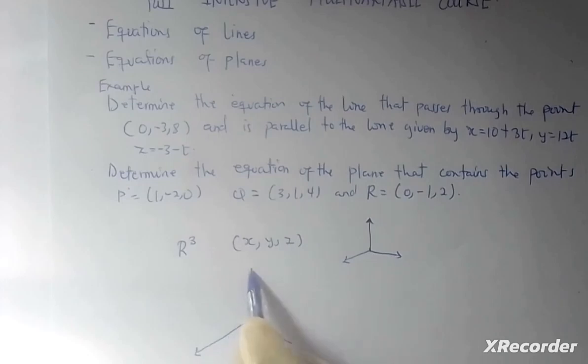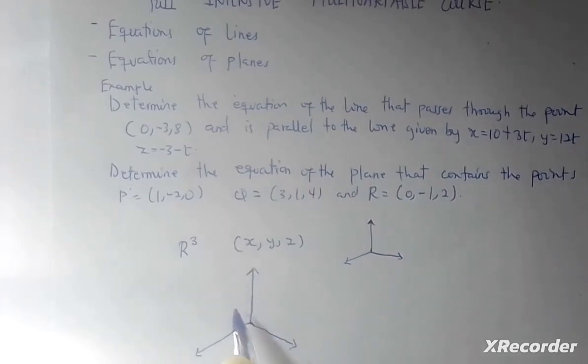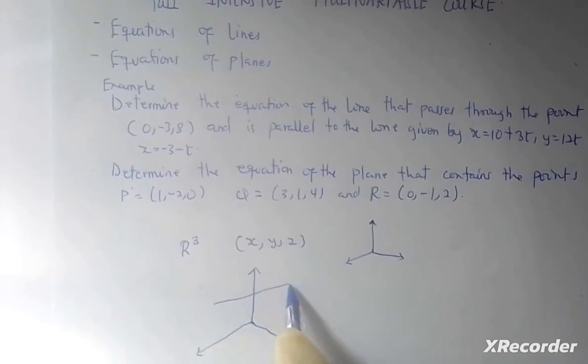So let's see how we can derive the equation of a line. I have a line in 3D moving in this direction. On the line, I have 2 points, say P naught and P. So P naught here is a point, and this P is also another point on the line.